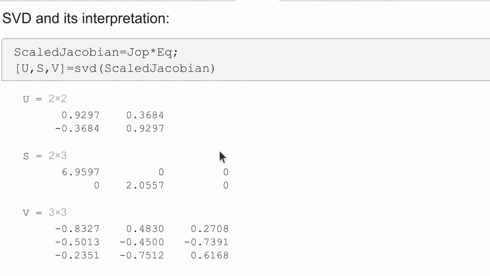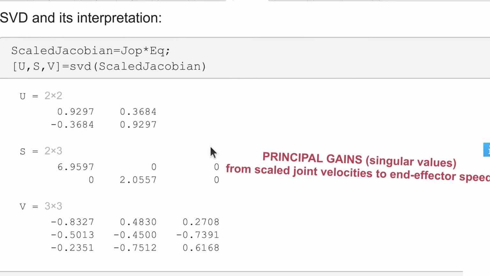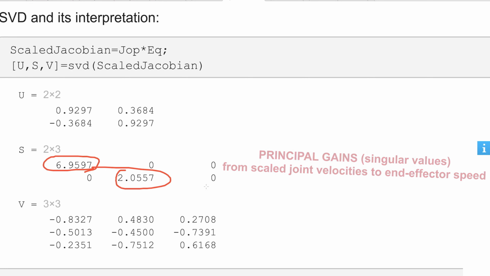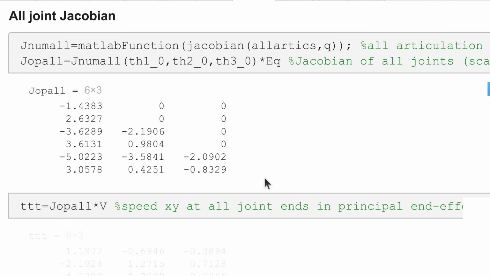And then we can carry out the singular value decomposition of the scaled Jacobian to get the principal maneuvers, one in which I have a kinematic gain, a gear ratio let's say, of 7, and another one with a kinematic gain of 2.